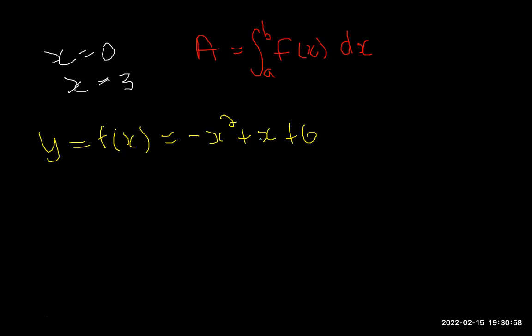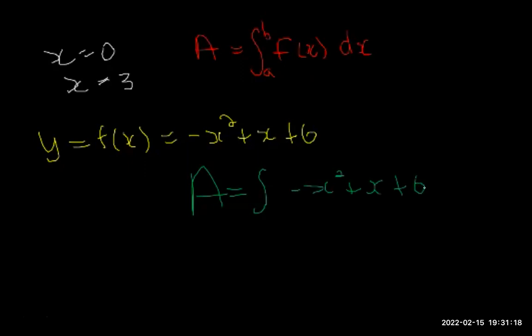So looking at my equation, I'm just substituting the appropriate values. A is equal to the integral of f of x, and f of x is this expression right here: minus x squared plus x plus 6 dx.